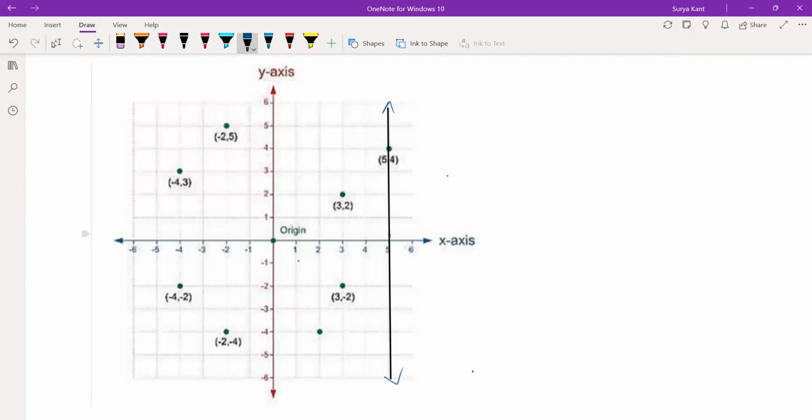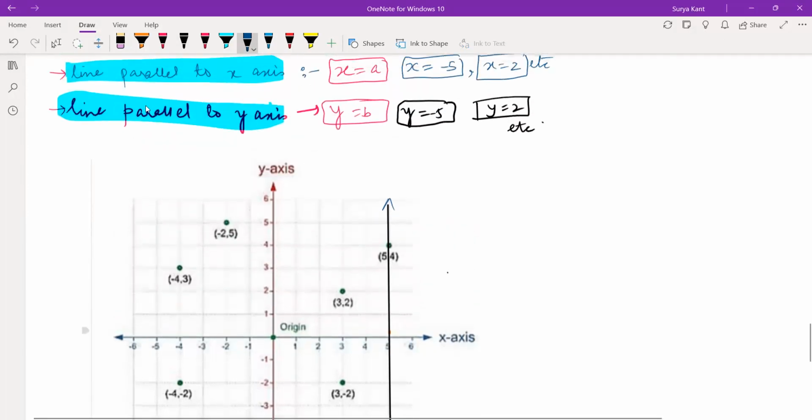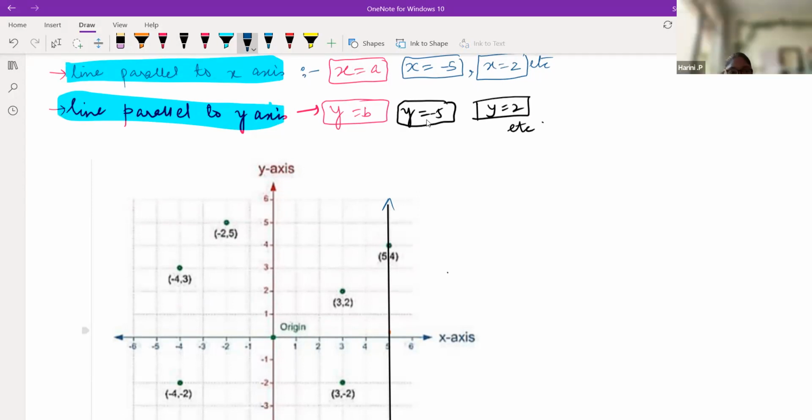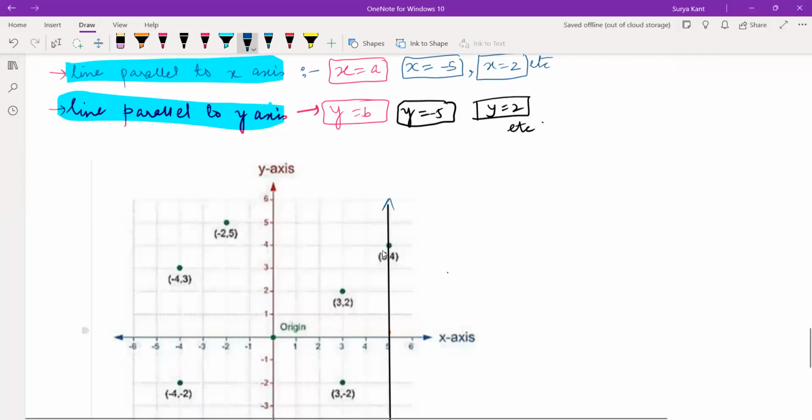And what we have discussed here, line parallel to y-axis? x will be what? Constant. y can be something. In this, x is what? Constant.